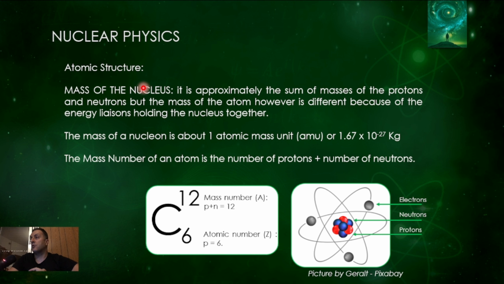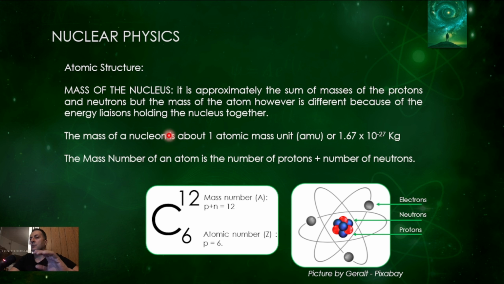Now, another variable for the atom is the mass of the nucleus. It is approximately the sum of the masses of the protons and neutrons, but the mass of the atom is different because of the energy binding the nucleus together. The mass of a nucleon is about 1 atomic mass unit, which is 1.67 times 10 to the power minus 27 kilograms.